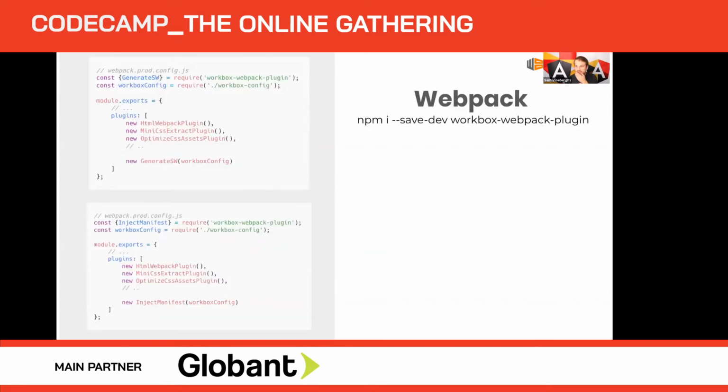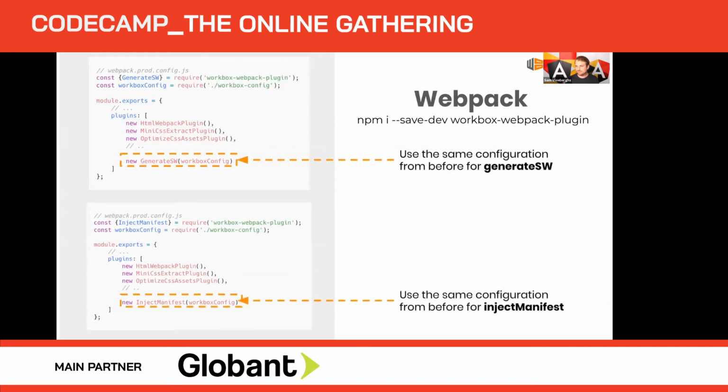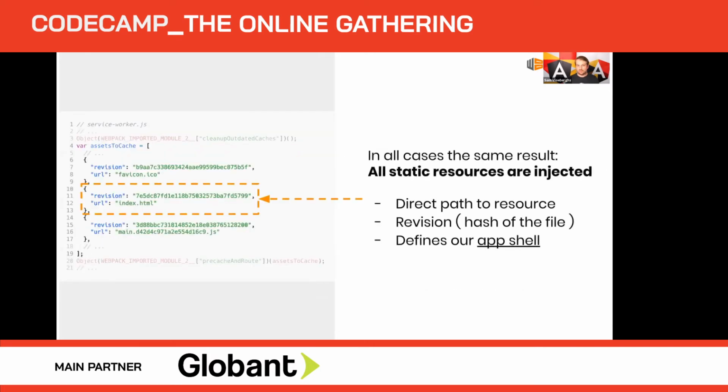Same is true for Webpack. It acts the same way. We just add the generate service worker and inject manifest Webpack plugins to our plugins file for Webpack. So in all of the cases, we get the same result.